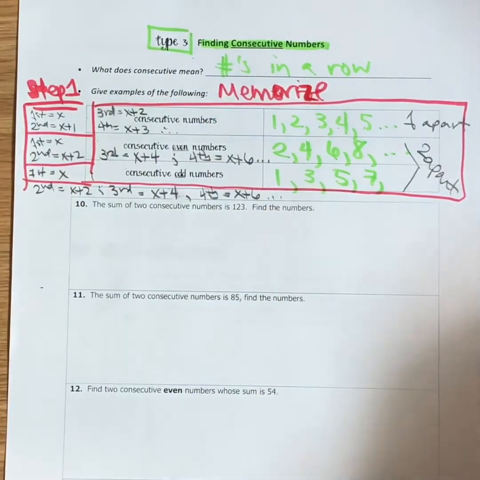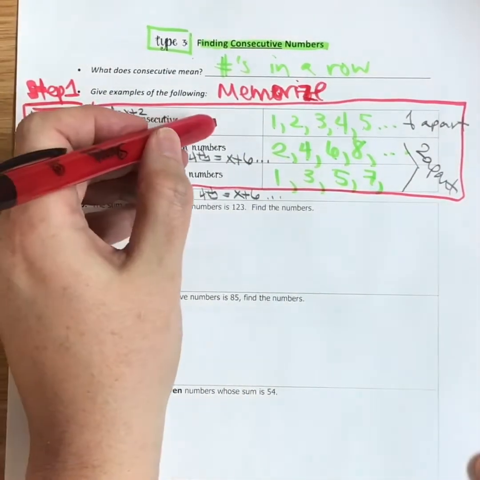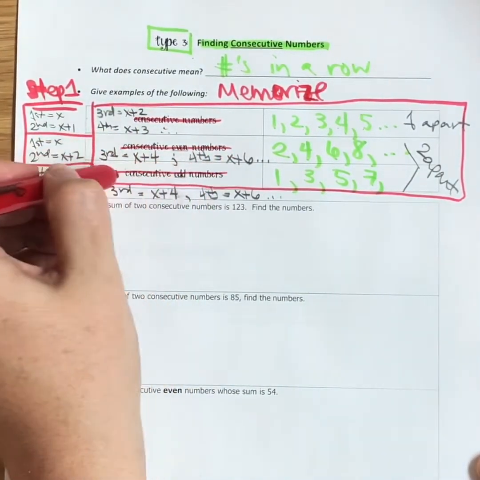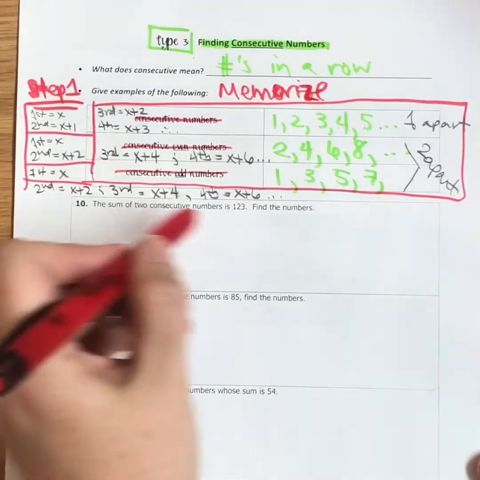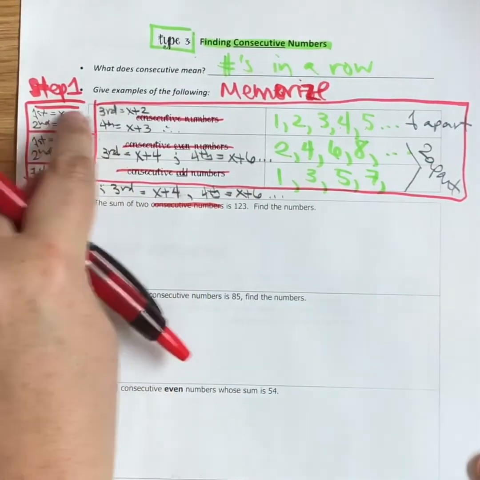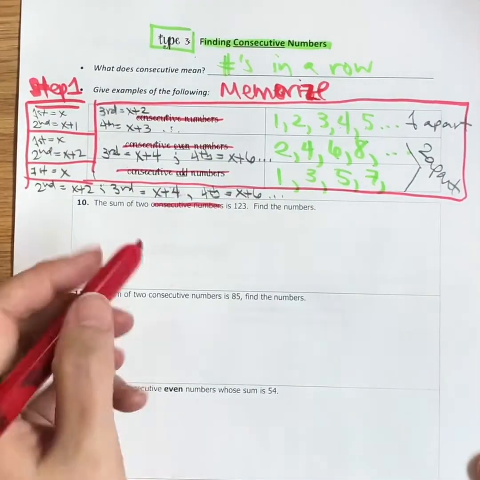Okay, so step 1, I'm just going to basically highlight whether it's consecutive, consecutive even, or consecutive odd. So like in number 10, I don't even need to read the whole thing. It says plain old consecutive numbers, so it'll be these statements. Like number 11, it says consecutive numbers.